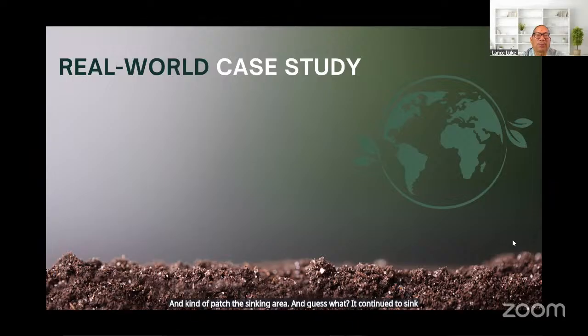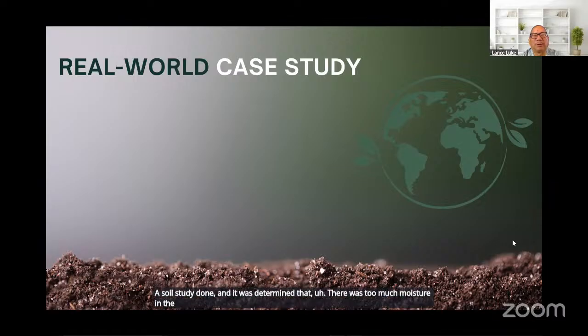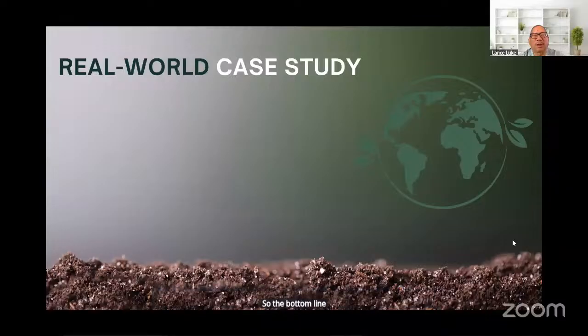So it was determined that something's going on with the soil. We had to do a soil investigation, soil studies, where they drilled through the asphalt to get to the soil condition, sent the samples to the lab, and had a soil study done. It was determined that there was too much moisture in the soil. So the bottom line was that the soil that was backfilled had to come out.